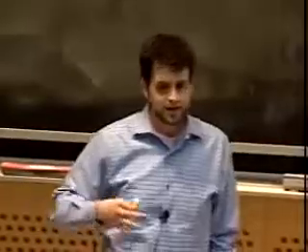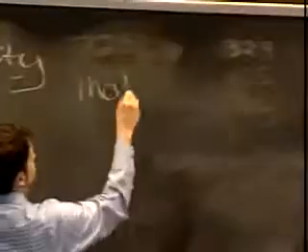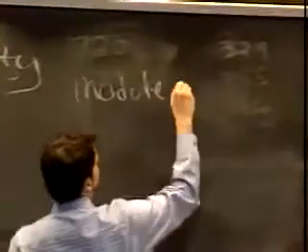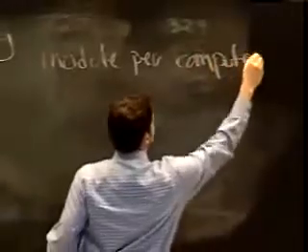To build up a big service, we're going to need a whole lot of computers. And clearly, that's not the way that computer systems that we actually interact with work. So what we've seen so far is this notion of a module per computer.